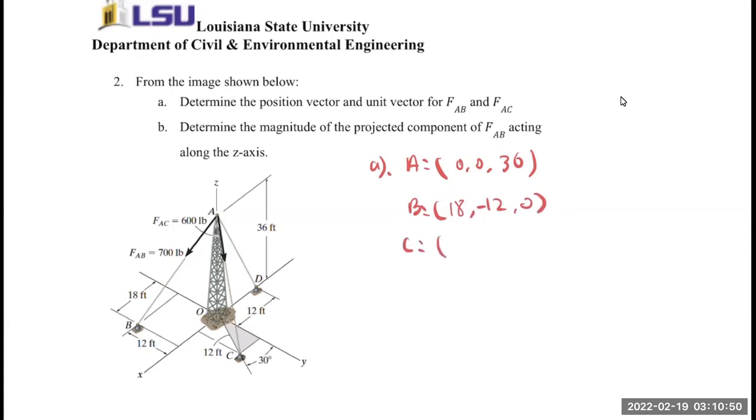For C, as you can see right here, it's 12 feet, and the angle given is 30 degrees. We know that along the y it will be 12 cosine 30, and along the x it will be 12 sine 30, right? And they are both positive.